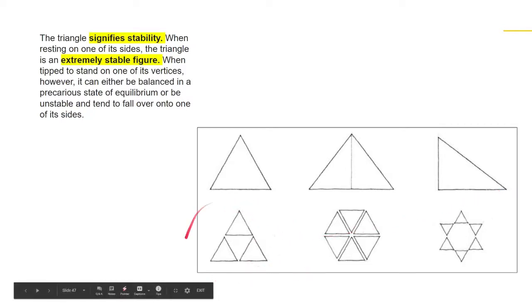For the drawing here at the bottom, you have, let's say, three solid triangles.